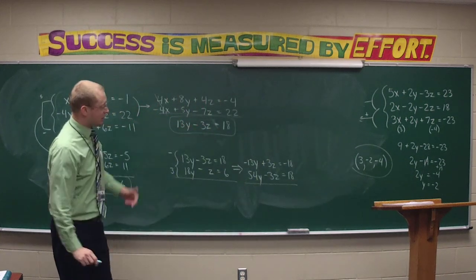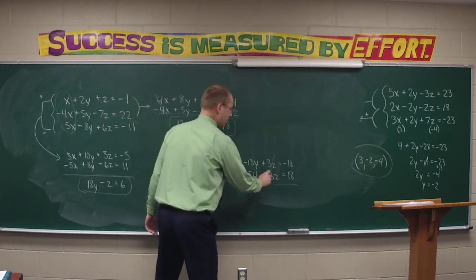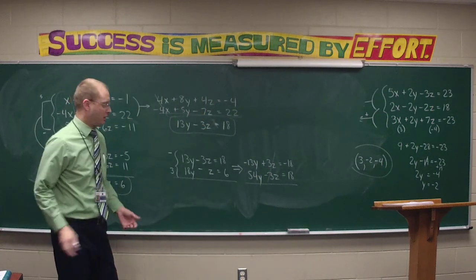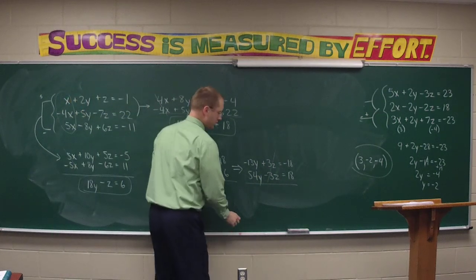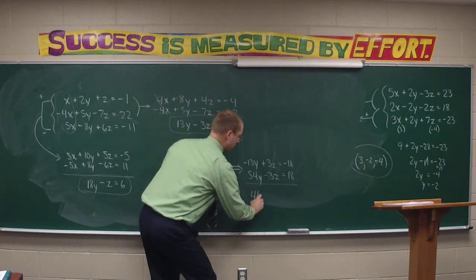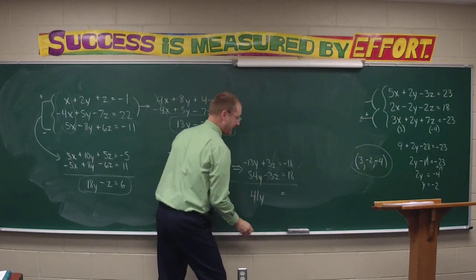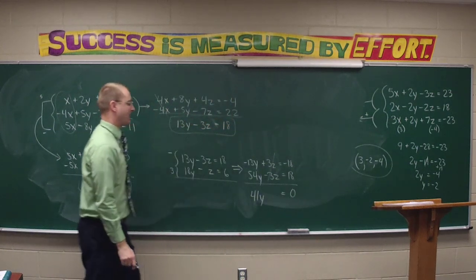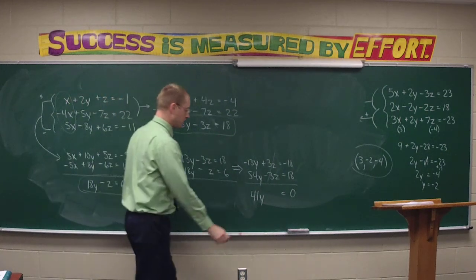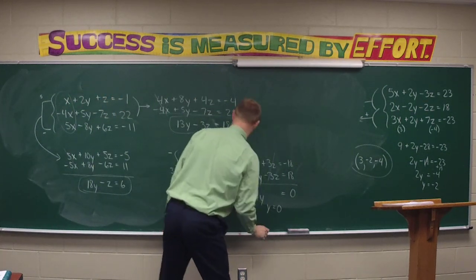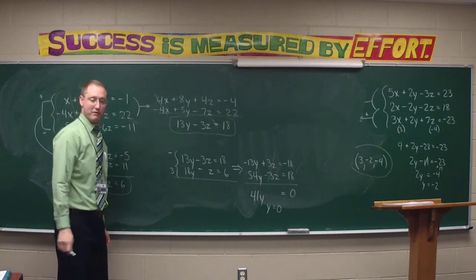And of course the z's are going to cancel really nicely, leaving me with what? Negative 41y equals 0, or 41y equals 0, depending on where you put your negative. So what's y? 0. Well, that actually works to our benefit, doesn't it?